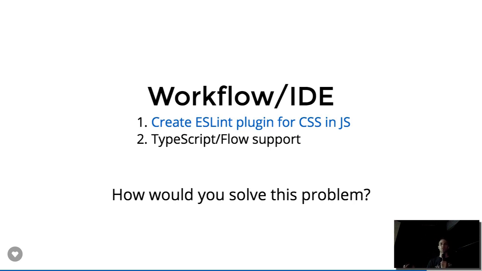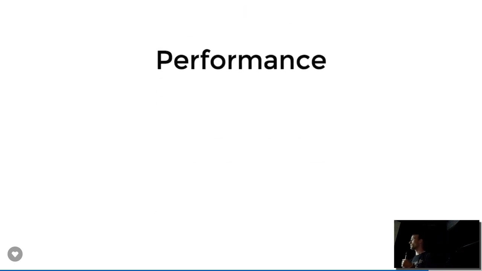One cool thing about styled components is that because it's actual CSS in a template literal, with Atom at least, they do have syntax highlighting, which I think is pretty legit. But not all editors have that. I'm pretty sure WebStorm is Kotlin, so if you want to get into Kotlin, you can do a WebStorm plugin.